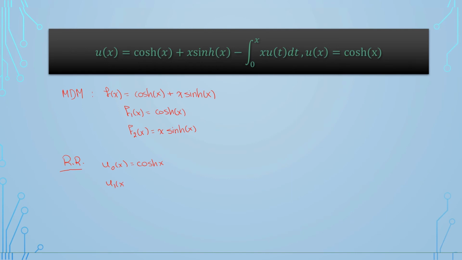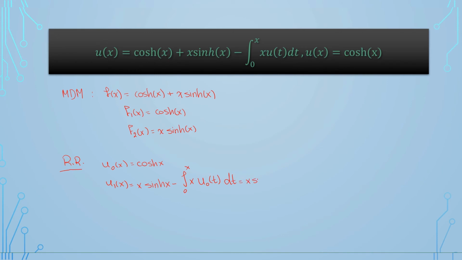u1 of x will be equal to x sine x minus the integration from 0 to x multiplied by u naught of t dt.